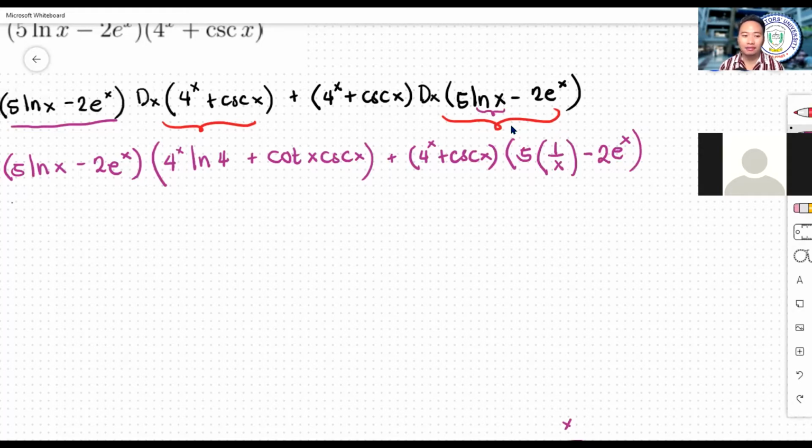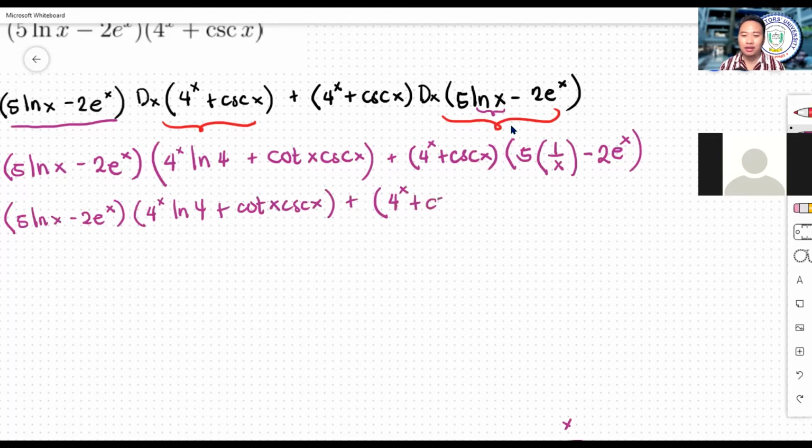And then 5 ln x minus 2e to the x times 4 to the x ln 4 plus cotangent x cosecant x plus 4 to the x plus cosecant x times 5 over x minus 2e to the x.